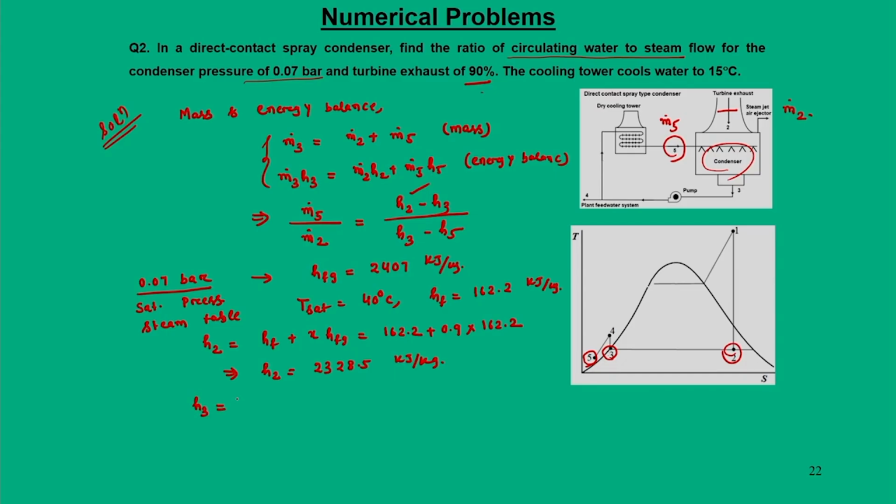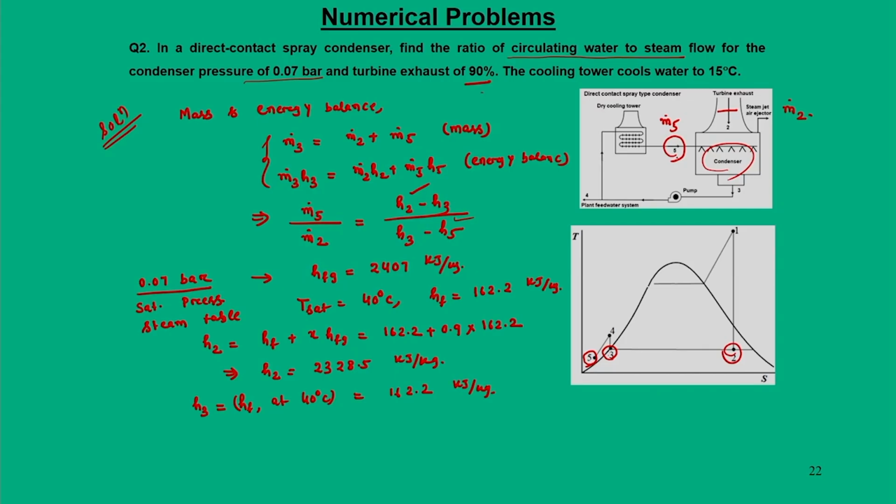At this point it is equal to HF at 40 degree centigrade, which we have already calculated: 162.2 kilojoule per kg.